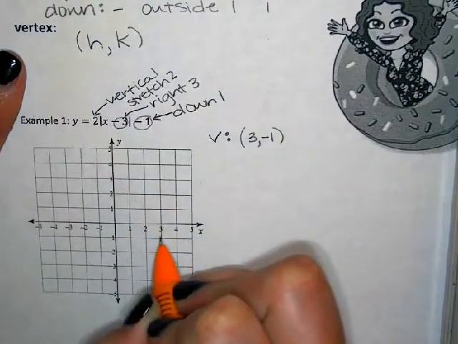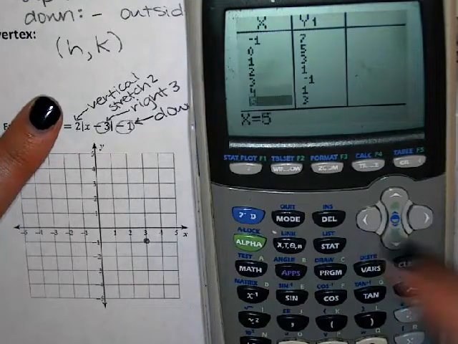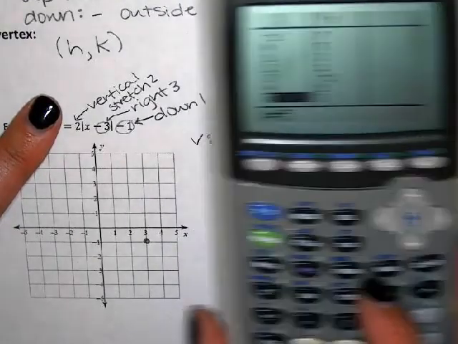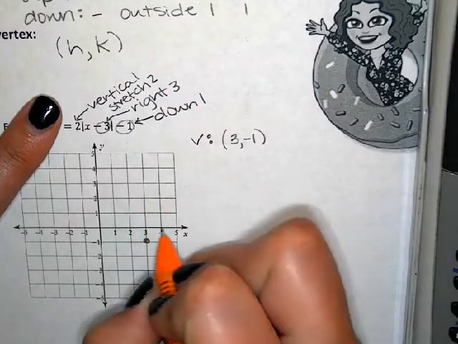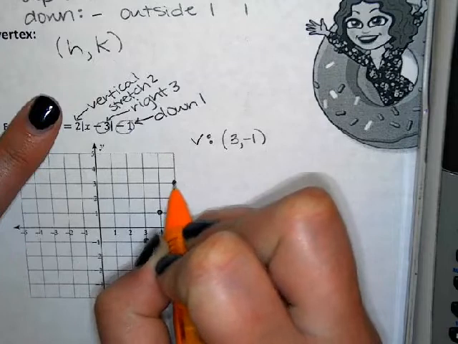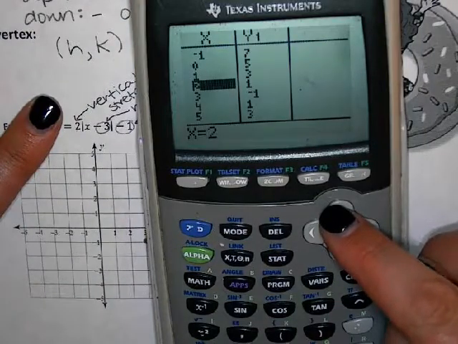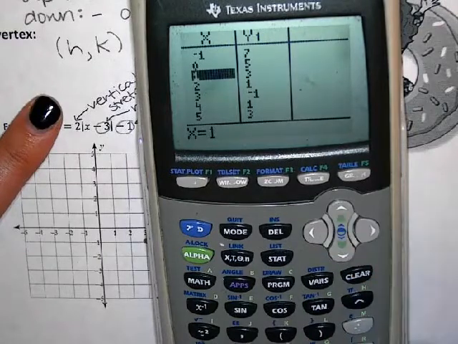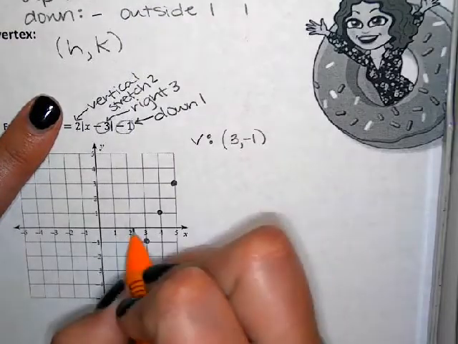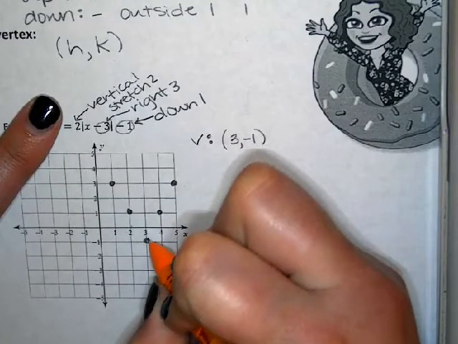And then 2 points on one side. So 4, positive 1, 5, positive 3. And then 2 points on the other side. 2, positive 1, and 1, positive 3. And then that is my graph.